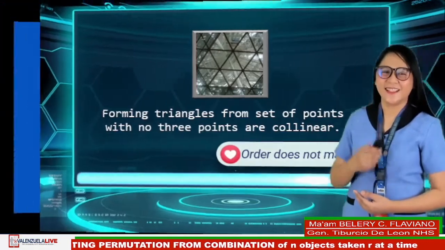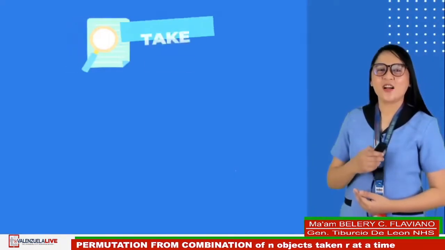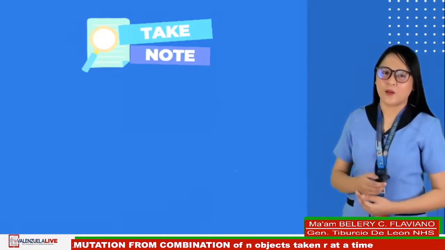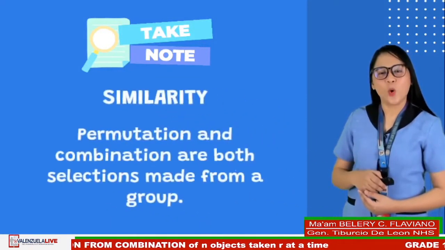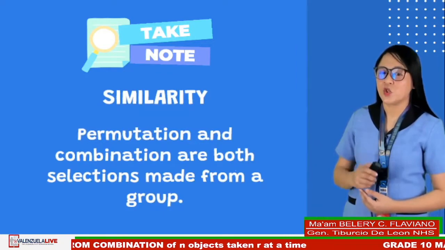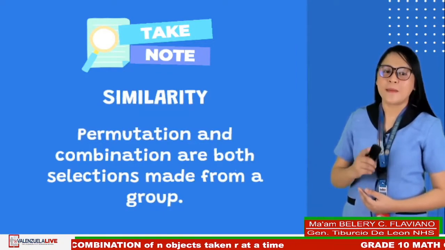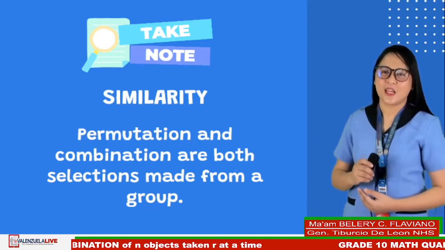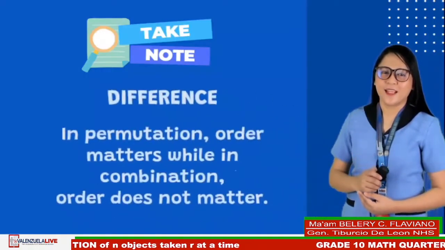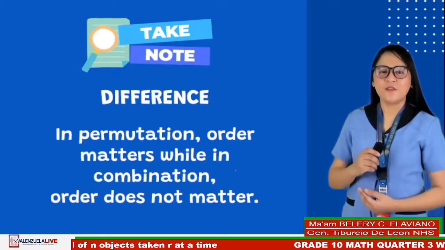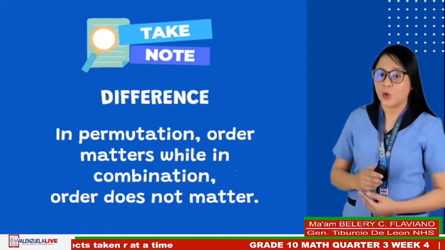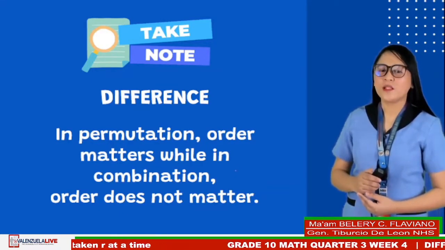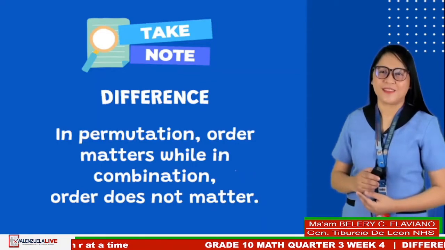Okay? Now let's talk about our topic, which is about permutation and combination. Take note that permutation and combination are both selections made from a group, and that is their similarity. On the other hand, their difference involves order, because in permutation, order matters, while in combination, order does not matter.